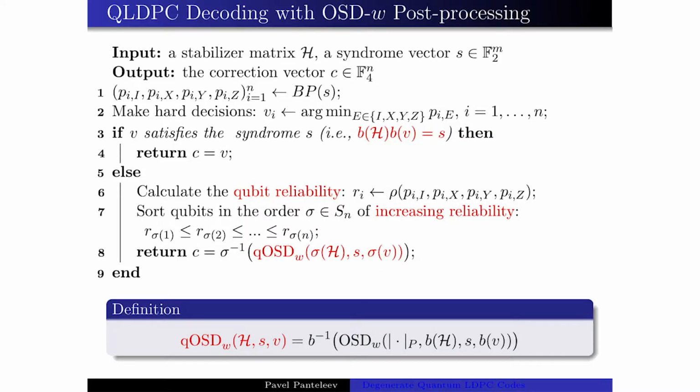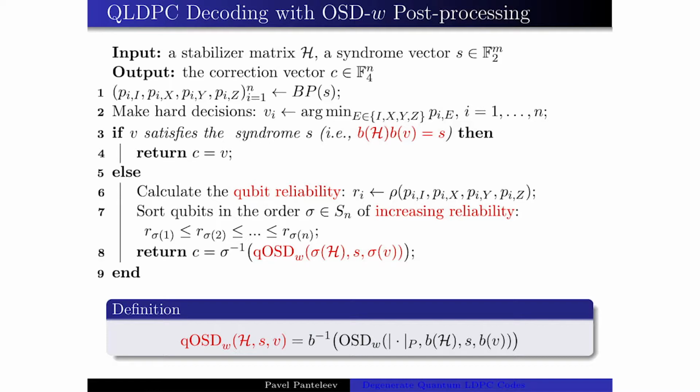Okay, and finally we have OSD-w post-processing. On the input we have the stabilizer matrix and syndrome vector, and the output is a correction vector. When we run belief propagation, we obtain distributions for each individual qubit, and then we make hard decisions. If these hard decisions constitute a vector that satisfies all the syndromes, then it's okay. We just return this.